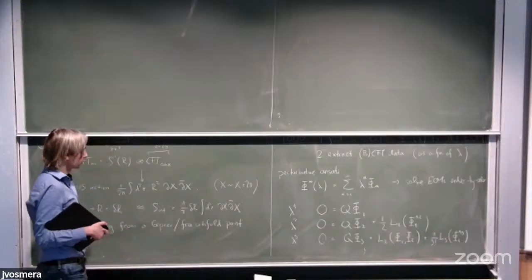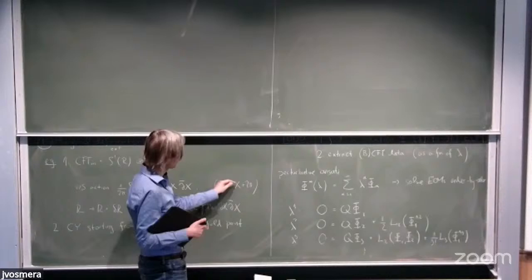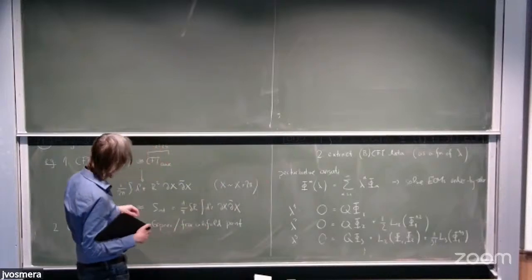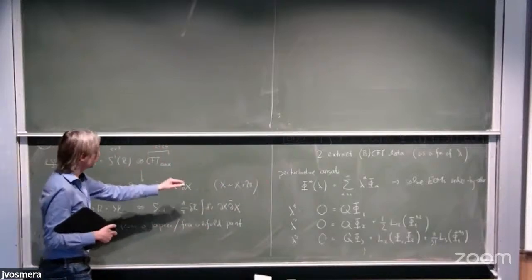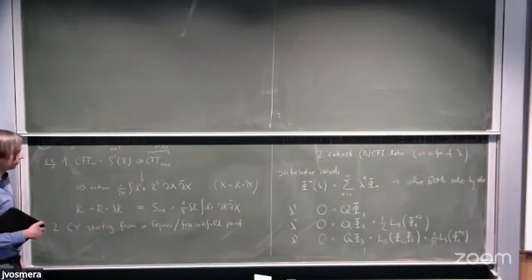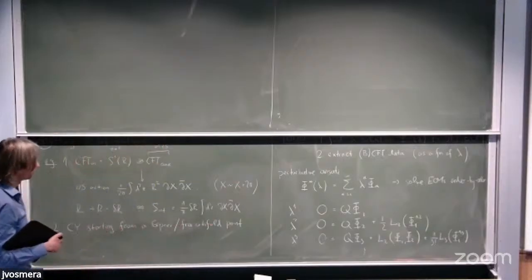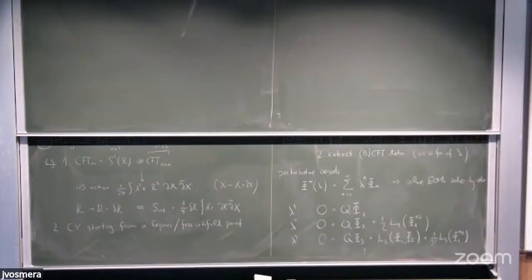Here I chose a particular normalization. Usually people choose a normalization where you identify X with X plus 2 pi r, where r is the radius of the compactification. But you can of course always rescale so that this r, the radius of the circle, reappears at the level of the action, whereas this boson field is identified as X plus 2 pi.